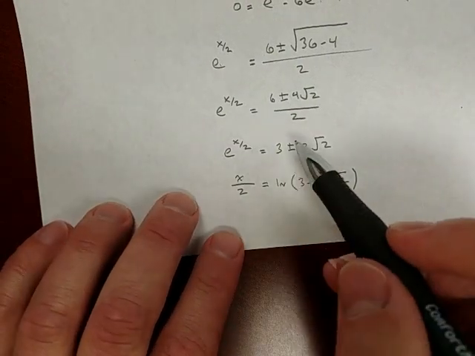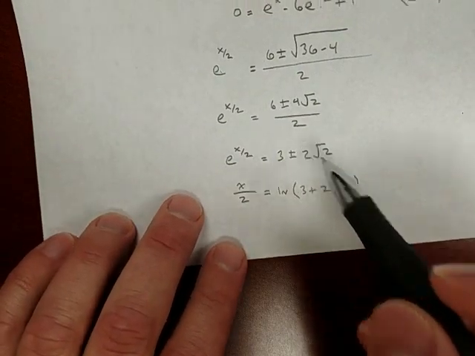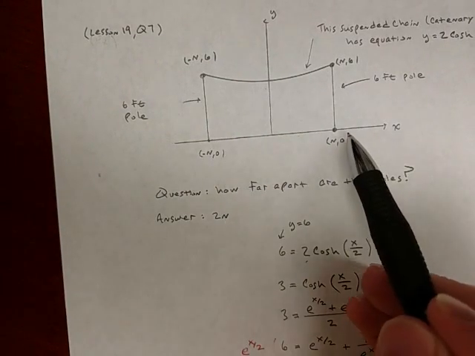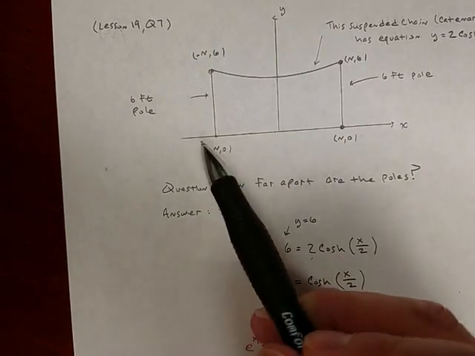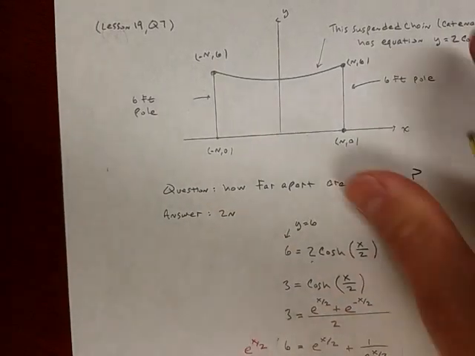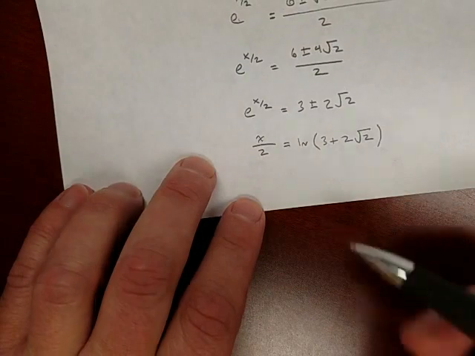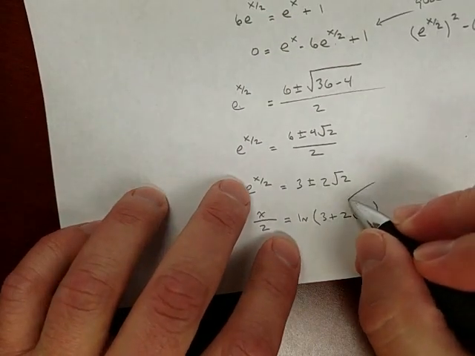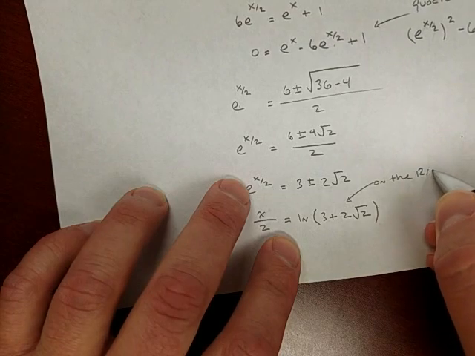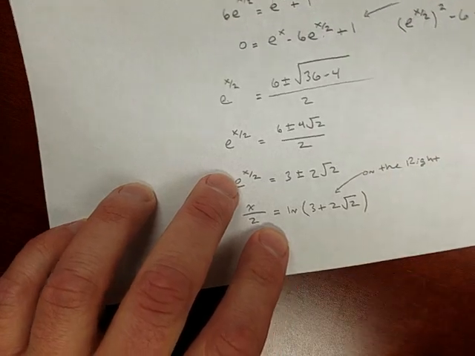I'm going to leave off the minus because I'm aware that there's both spots. I only need one of them, so I don't really care about that one for the purpose of solving this. So I'll just find the one on the right. That's what this is. That's all we need after all.